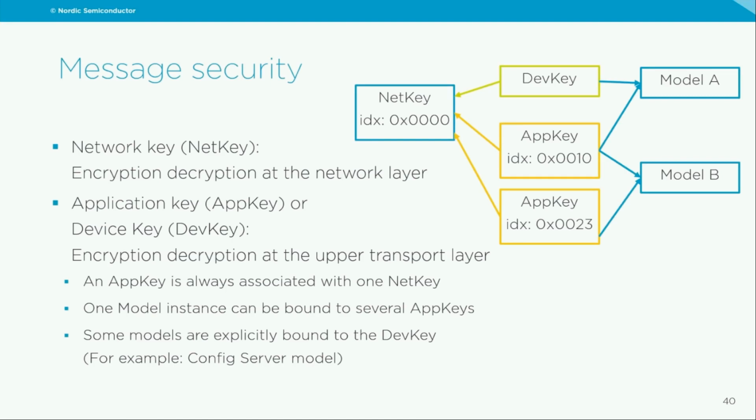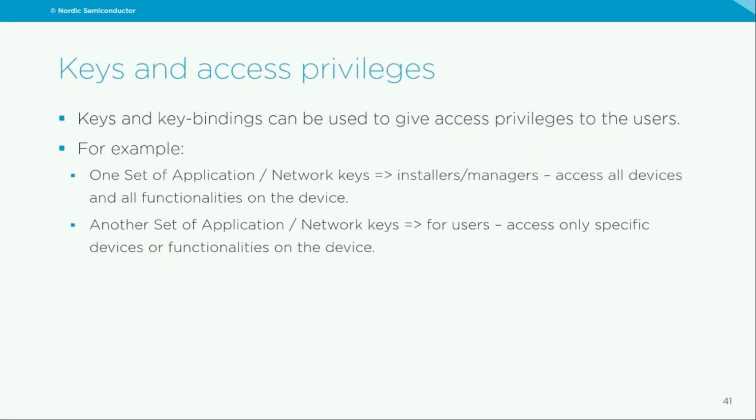This device key is never exchanged over the air. Application keys, on the other hand, are provided by the provisioner to the devices in the network after the provisioning is completed, during the configuration stage. And these keys should be bound to a specific network key and to a specific model. Keys and key bindings can be used to give access privileges to the users.